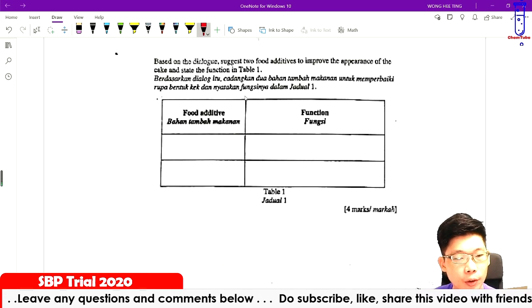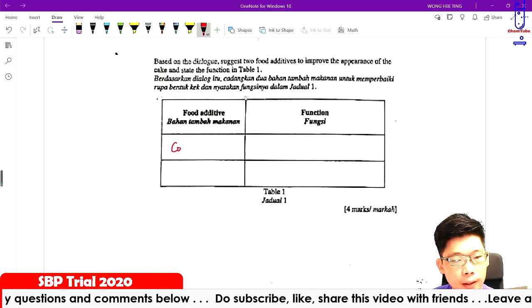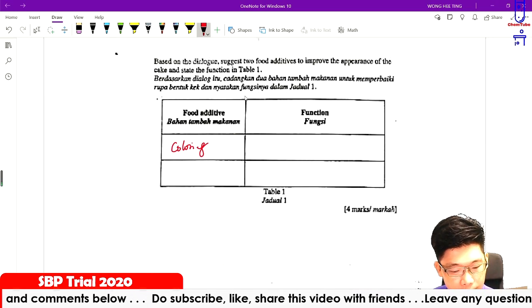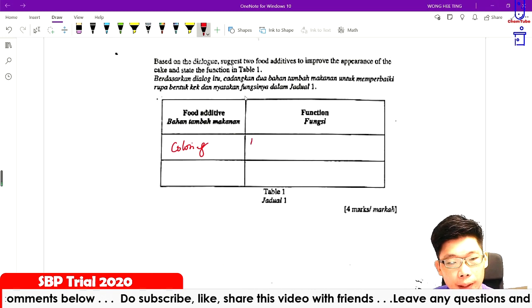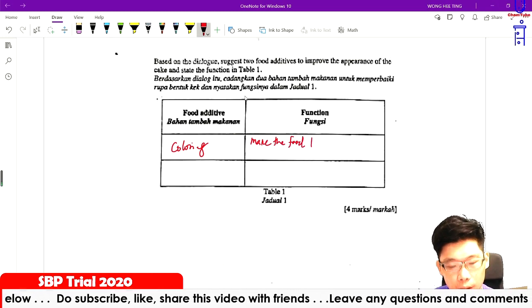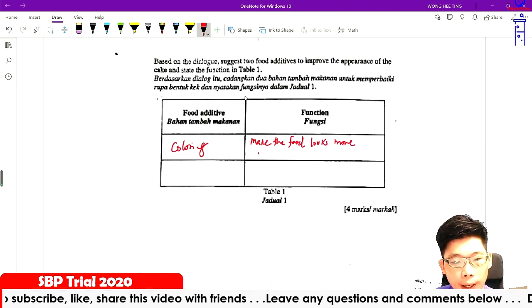To make it more attractive, we can put in coloring. The function of the coloring is to make the food look more attractive.